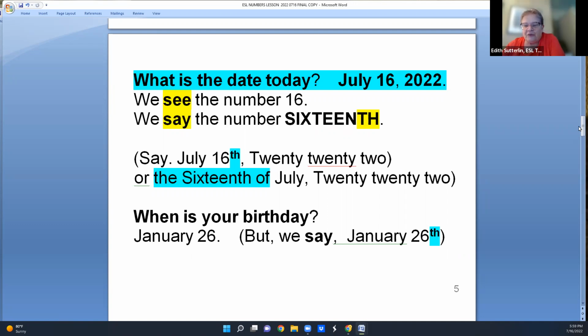And if we get later on in the month, we'll say it's the 20th of July, but then we'll go back to saying the 21st with the ST, or the 22nd, the 23rd. So let's say that 20th, 21st, 22nd, 23rd, and then we go back to the TH endings. It's the 24th or the 25th.